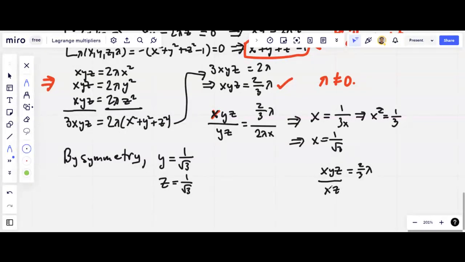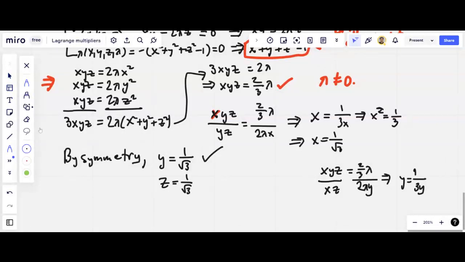So xyz is divided by xz on this side of the equation, and the opposite side is divided by 2 lambda y. So now the equation will become y will be equal to 1 over 3 lambda, which again will lead us to the value y is equal to 1 over square root of 3.